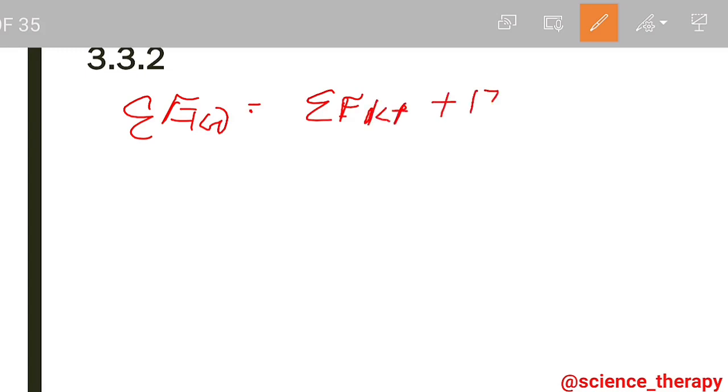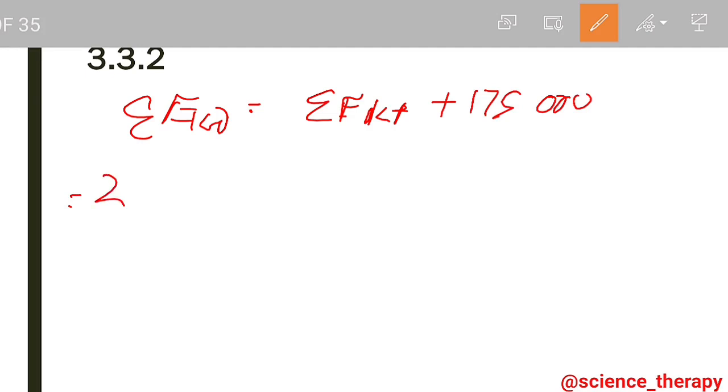So now this is how we now have it. We say sum of EK initially is now equal to sum of EK final, right? But with that 175,000, right? So what is that EK initially?